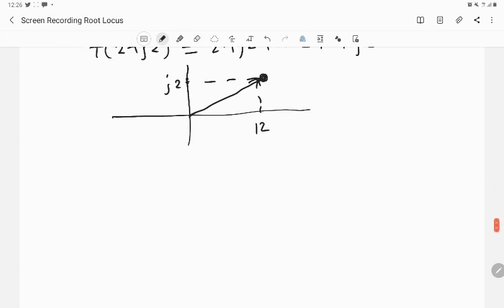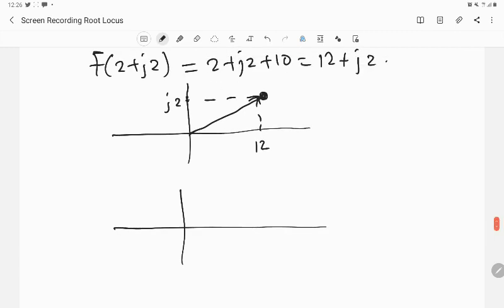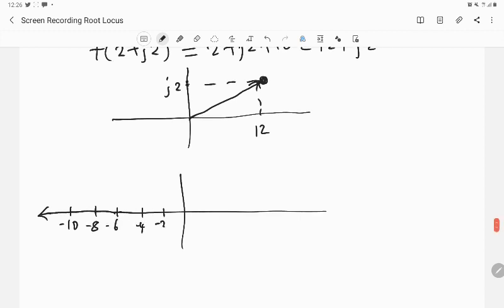Another way of plotting this is first to locate the zero, so if this is 2, 4, 6, 8, 10, then I'll locate the zero, so this is the zero, then I'll locate the point, so this is 2, and this is 1, 2.